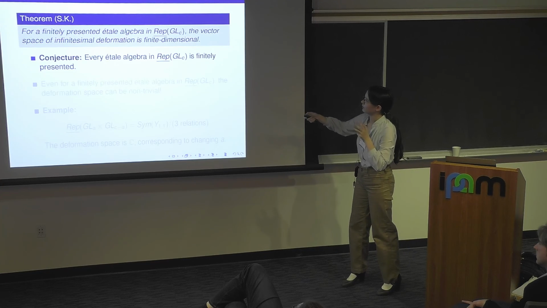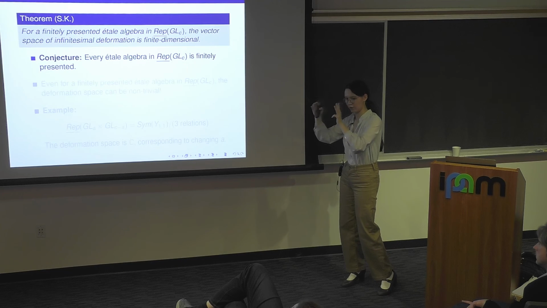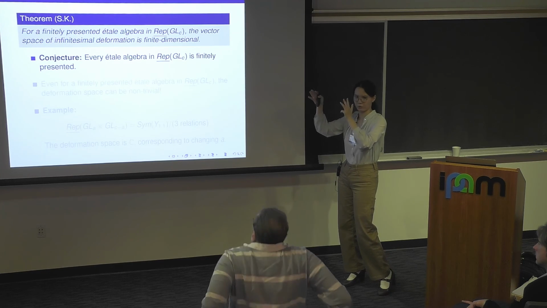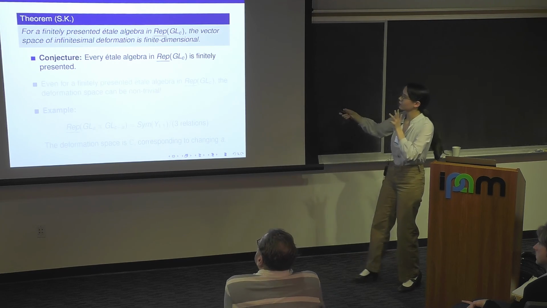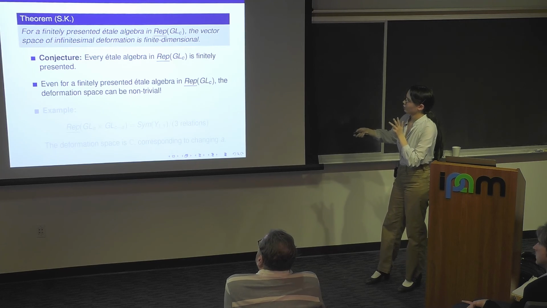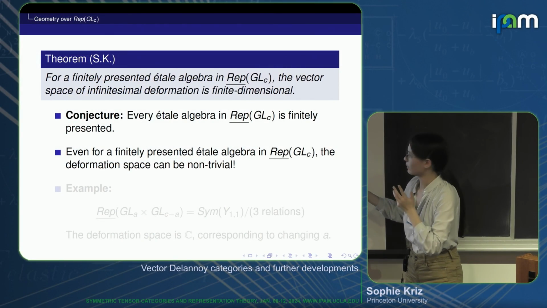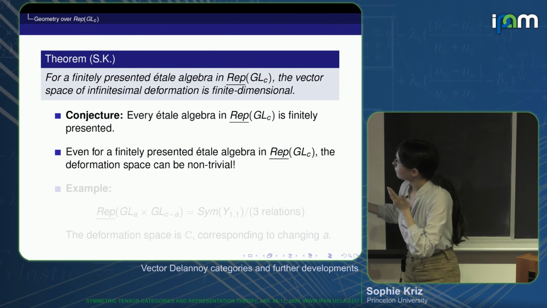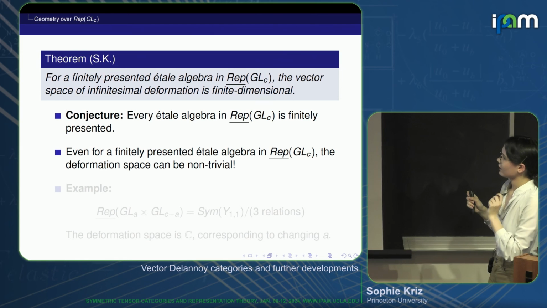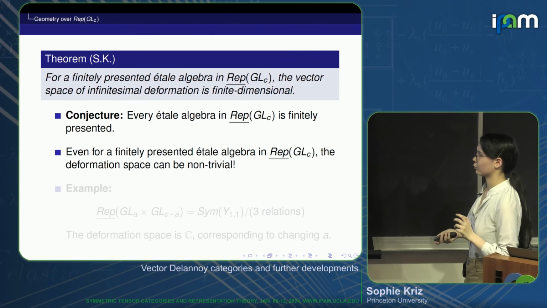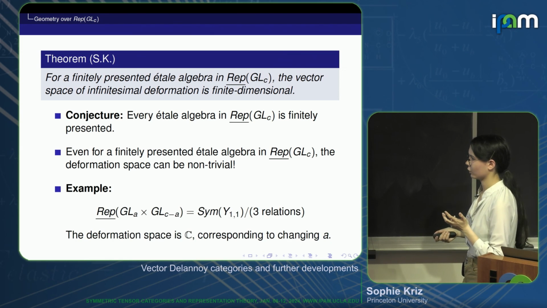Then these deformations, which I calculated as Hom of the kernel of this differential to A, are in fact finite dimensional. And I believe it should somehow be true that étale implies finitely presented. But even for a finitely presented étale algebra, the deformation space can be non-trivial.